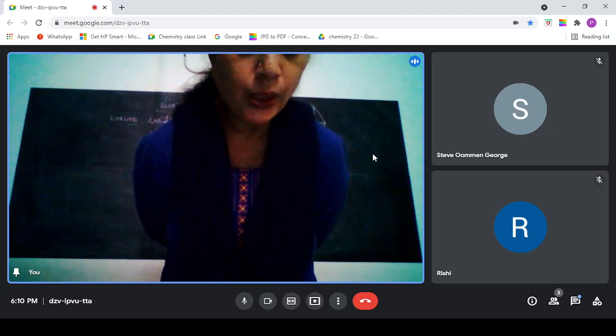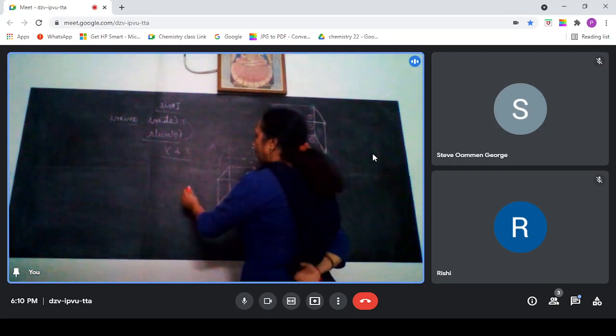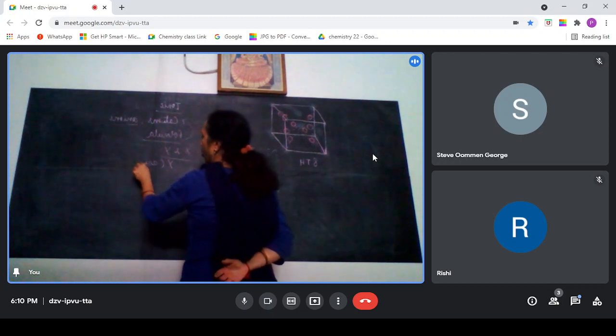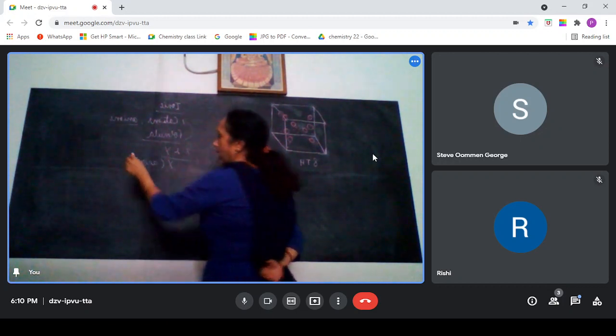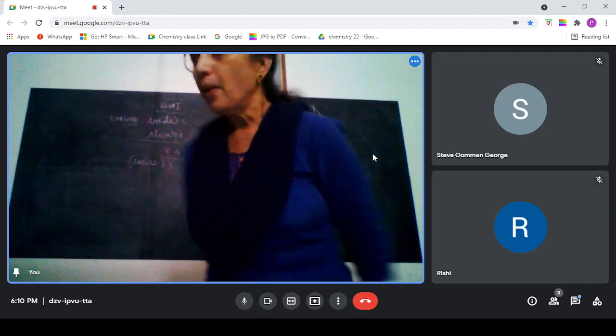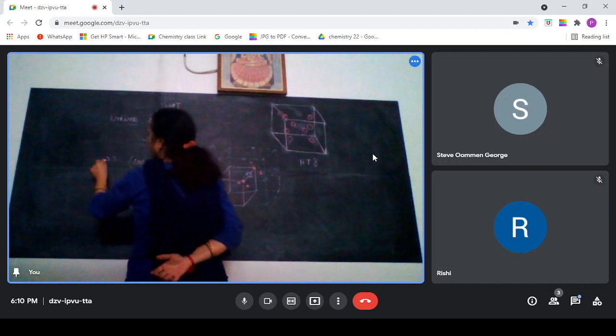Atoms of the element Y as anions make CCP.